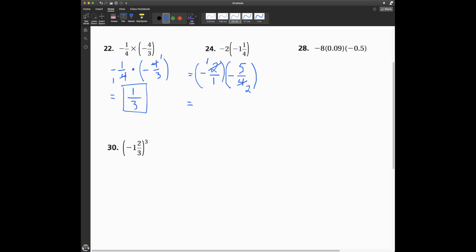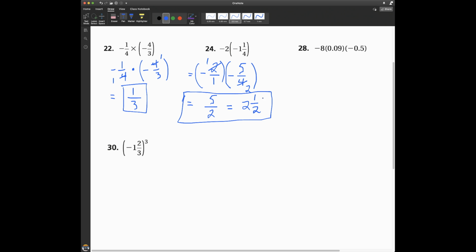So now I have 1 times 5 is just 5, and 1 times 2 is 2, and my answer is going to be 5/2. And if I want to write that as a mixed number, I can. 5 divided by 2 is 2, and I have a half left over. So there you go. That's the answer to 24.